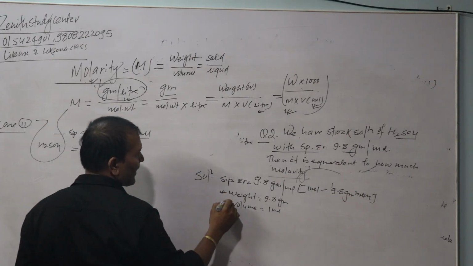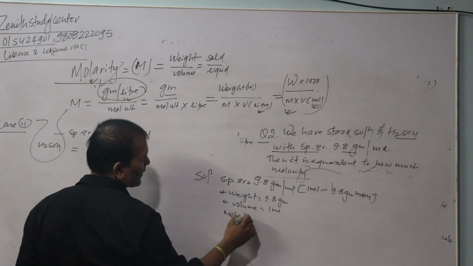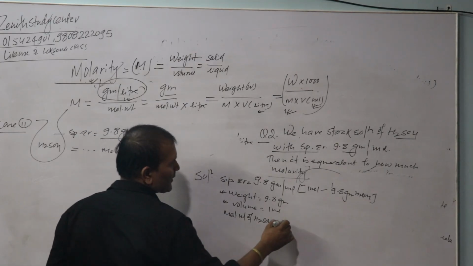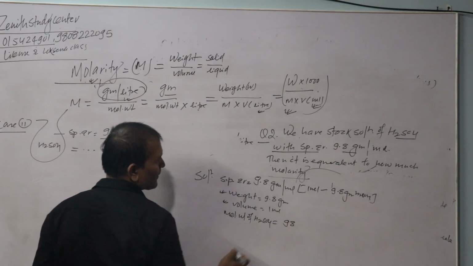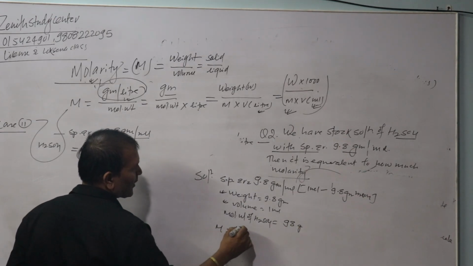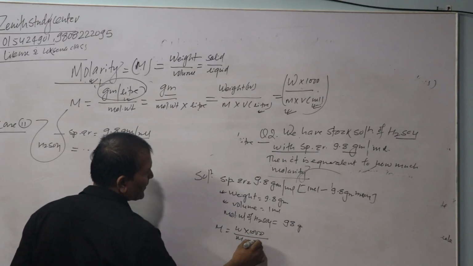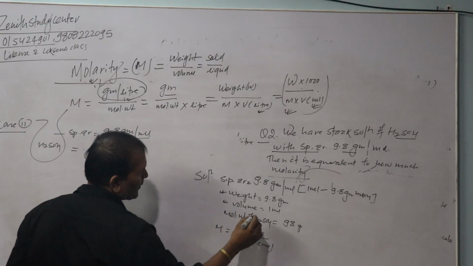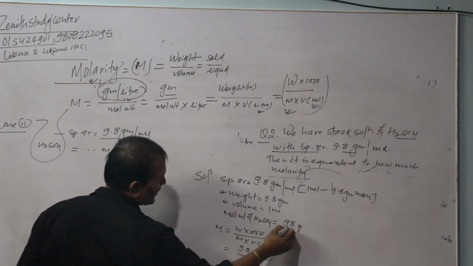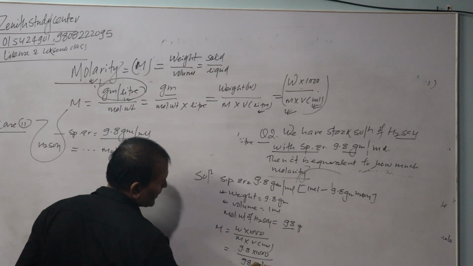Now, what is the molecular weight of H2SO4? We did before that it is 98 gram. So we use the formula M is equal to W into 1000 by M into V in ml. What is the W? 9.8 into 1000 by what is the molecular weight? 98 into 1 ml.